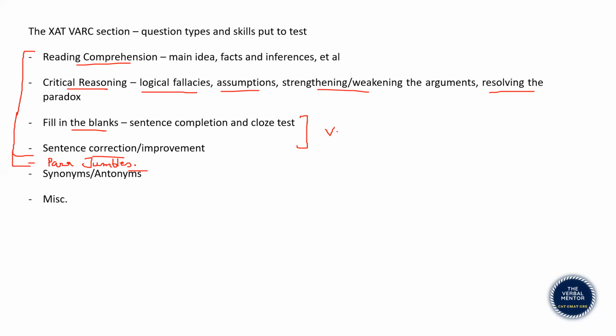The last two are vocab and grammar based questions. In the past, we have also seen direct vocab based questions in the form of synonyms, antonyms, identify the synonym, identify the antonym. We have also seen miscellaneous question types, such as identifying the correct pronunciation of a word, wherein candidates' knowledge of phonetics, so to say, was put to test.